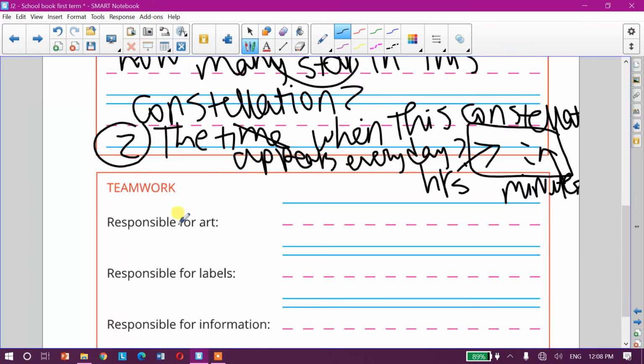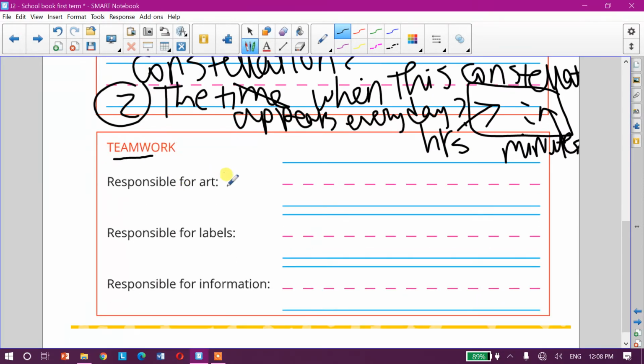Okay, you will do teamwork. You will form a group with your friends, and every one of your group will take a question and search for its answer on the internet and give the group this answer. Okay, we will draw the shape of Orion the Hunter on a cardboard, please.